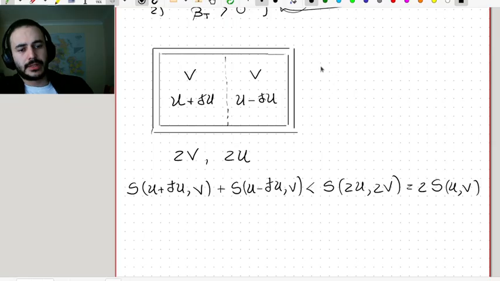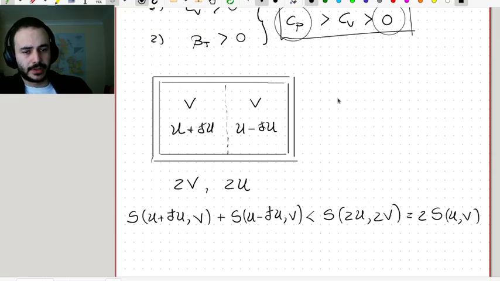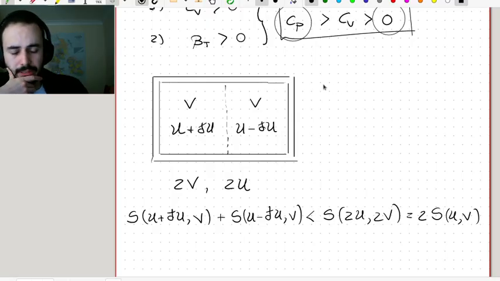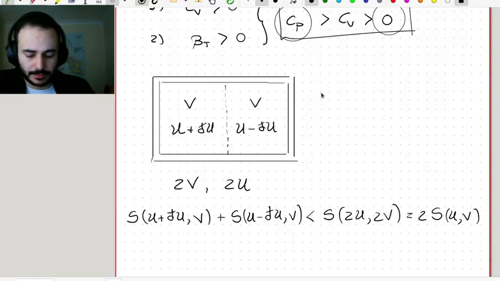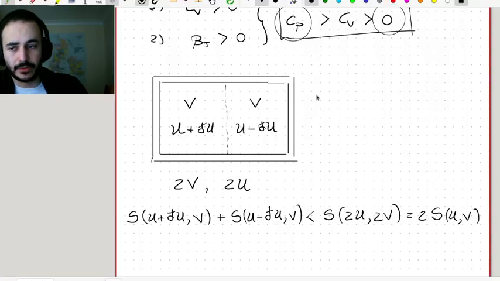There is a smart trick here, which is taken from the book by Herbert Callen. It's actually quite ingenious. You can use the definition of the finite difference approximation to the second derivative, okay?